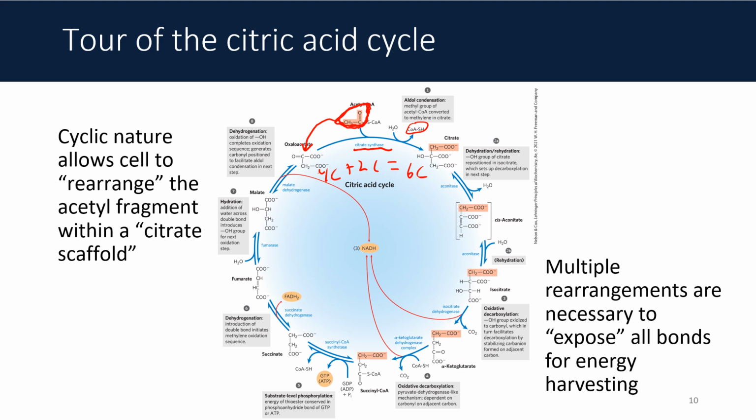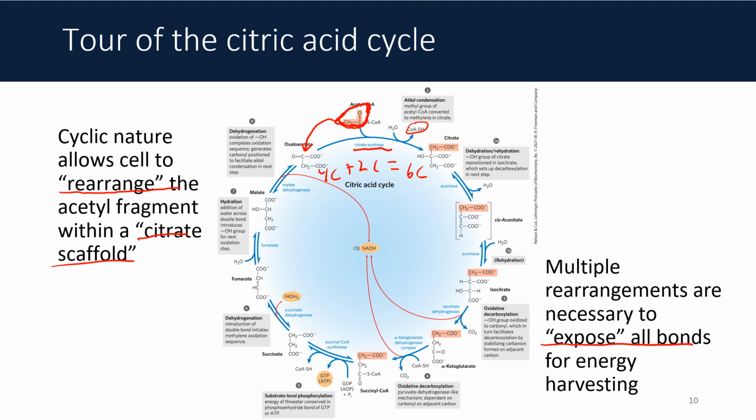We're going to systematically rearrange that acetyl fragment within the citrate scaffold. And these multiple rearrangements are necessary to thoroughly expose all of the bonds we intend to oxidize, and that will let us maximally harvest energy from this molecule.